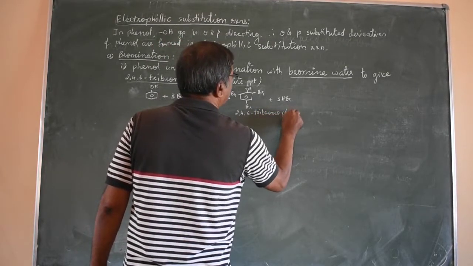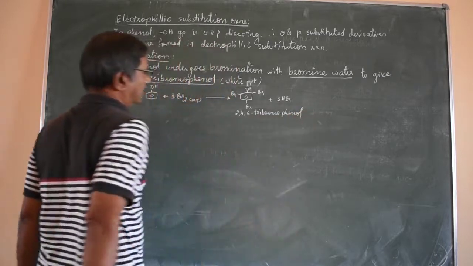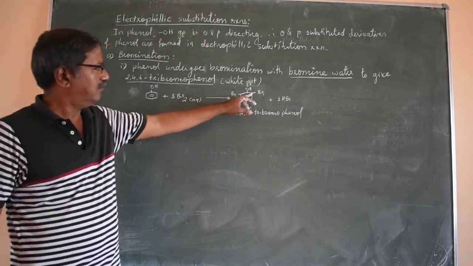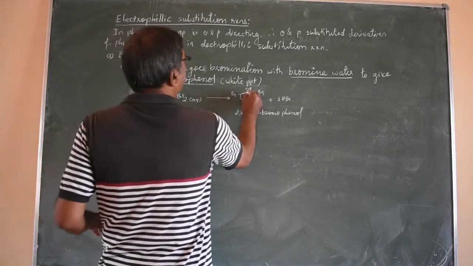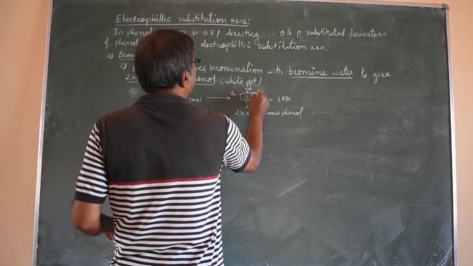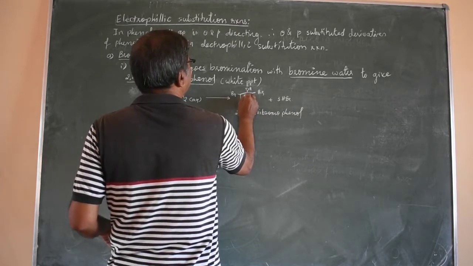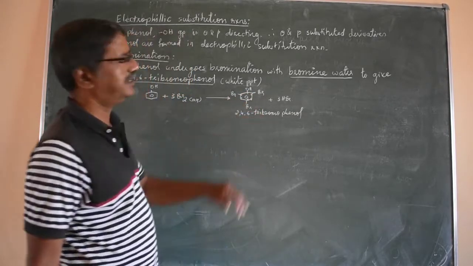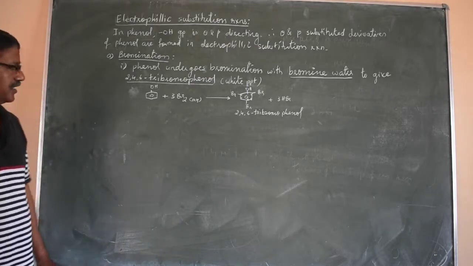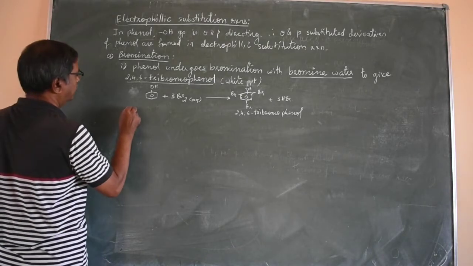Mentioning these numbers: this is the first carbon, this one is second, third, fourth, fifth and sixth. Mentioning the numbers 2,4,6 in tribromophenol is important.